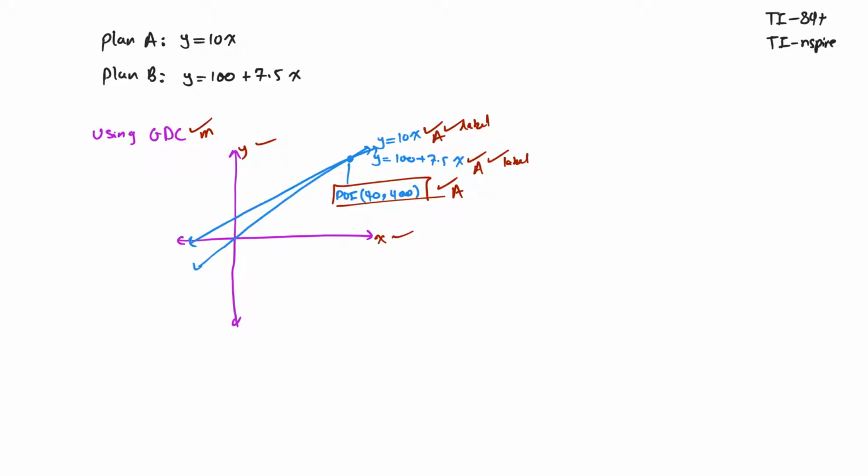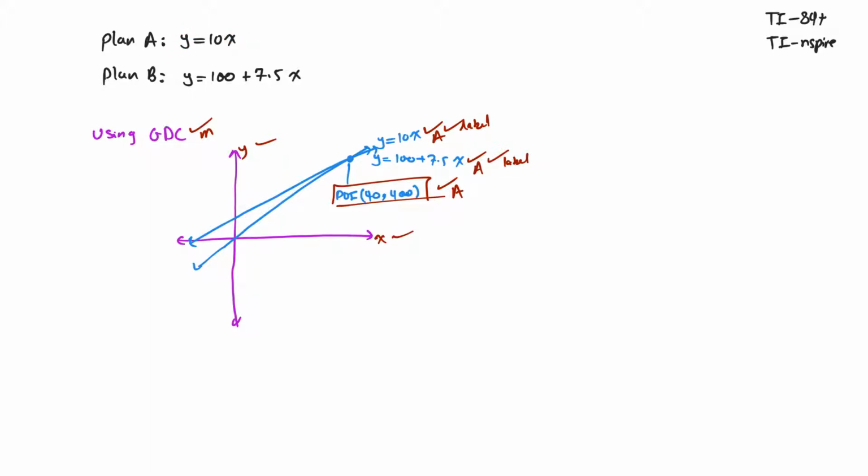Depending on what the question is, in our example for the real life problem, the question was how many tickets does it take to have the same cost. So based on how we labeled things, we said that x represents the number of tickets and y represents the total cost.